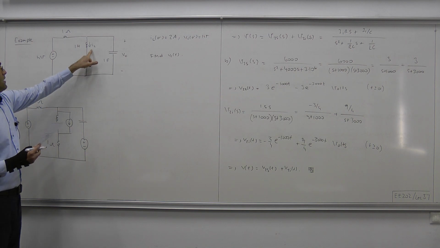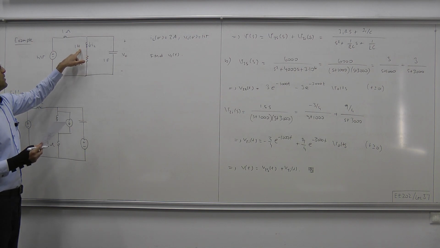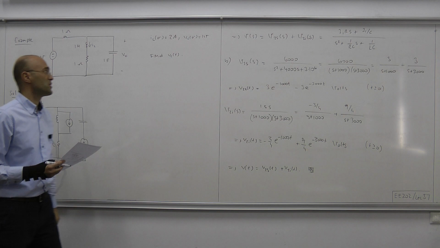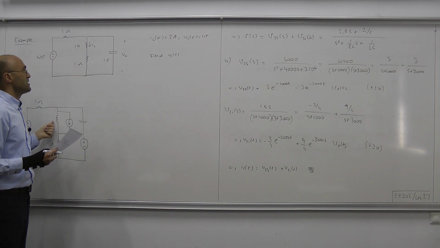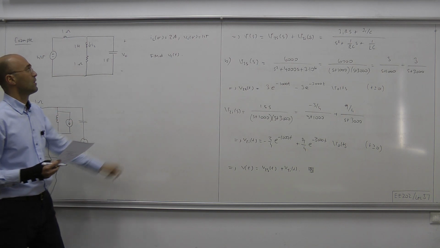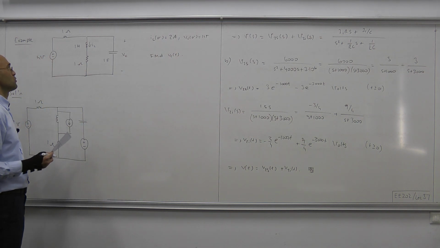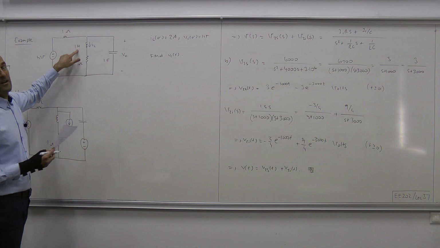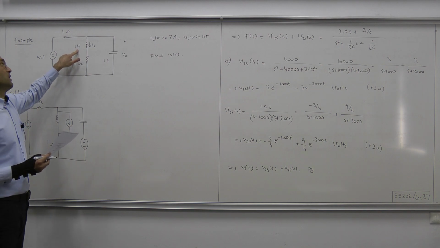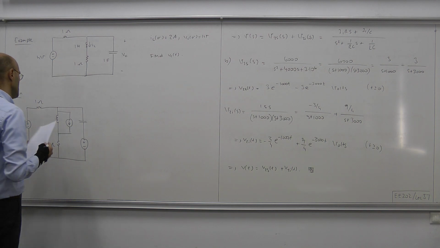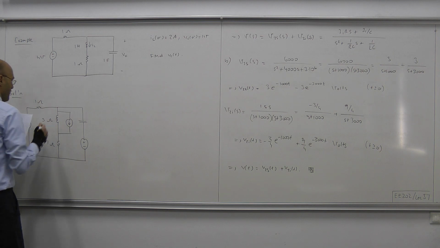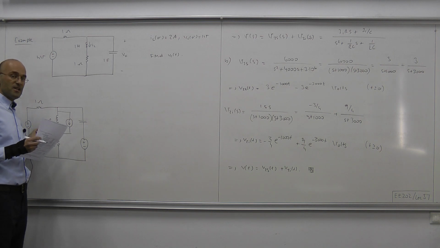Now this inductor is represented by an impedance and a source corresponding to its initial condition, which is 2 amps. So the impedance is S times L, L being the inductance. In this case, L is 1. So the impedance of our inductor is S ohms.